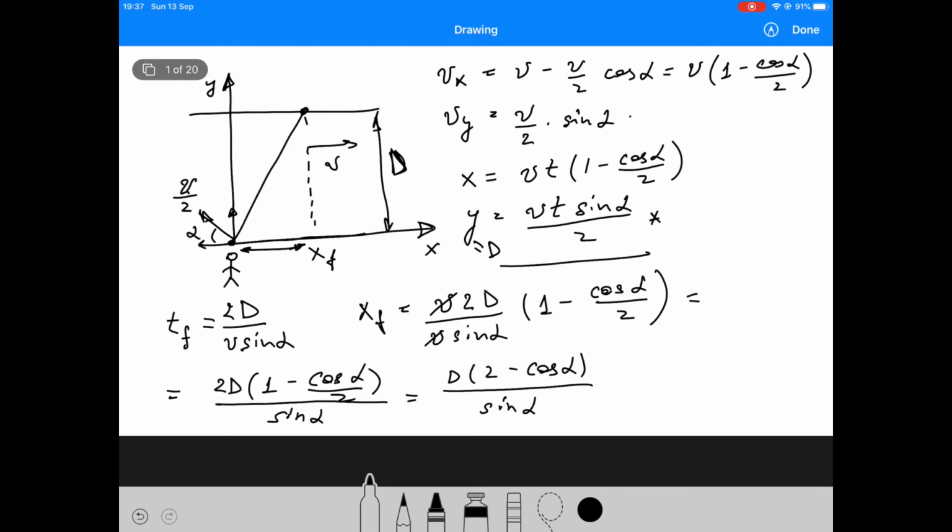Okay, so like this we got this equation which describes the dependence of the final x coordinate of the boy when he reaches the opposite shore of the river as a function of angle alpha, which we need to find. Let us keep this in mind and rewrite it on the next slide, so we have more space to go further.